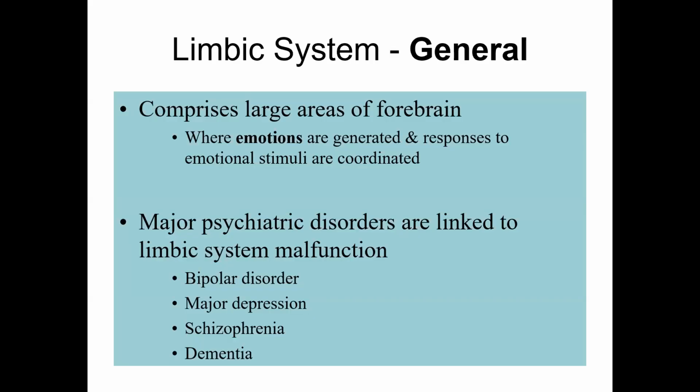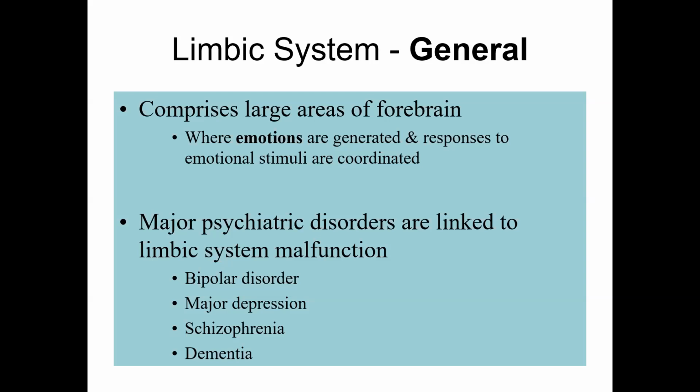So a bit of some general comments on the limbic system. It comprises a large area of the forebrain in the center of it, and as you can see, the emotions are generated here. And emotions are backed up by motivations, as we'll soon talk about.